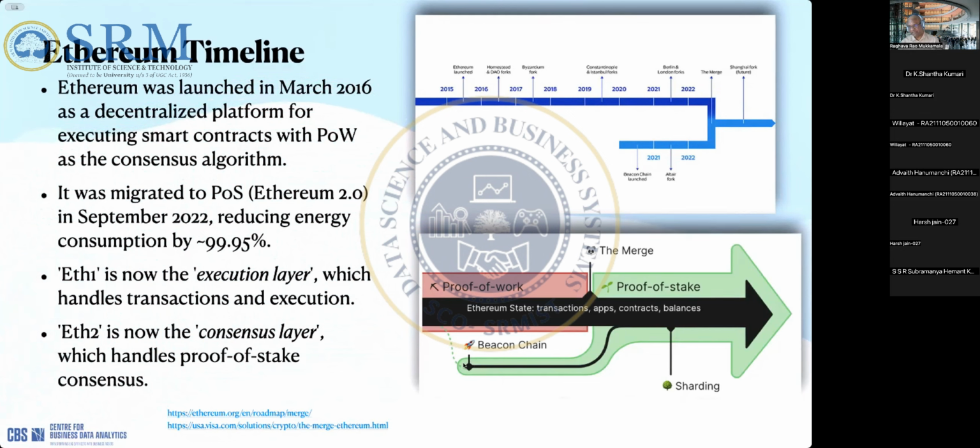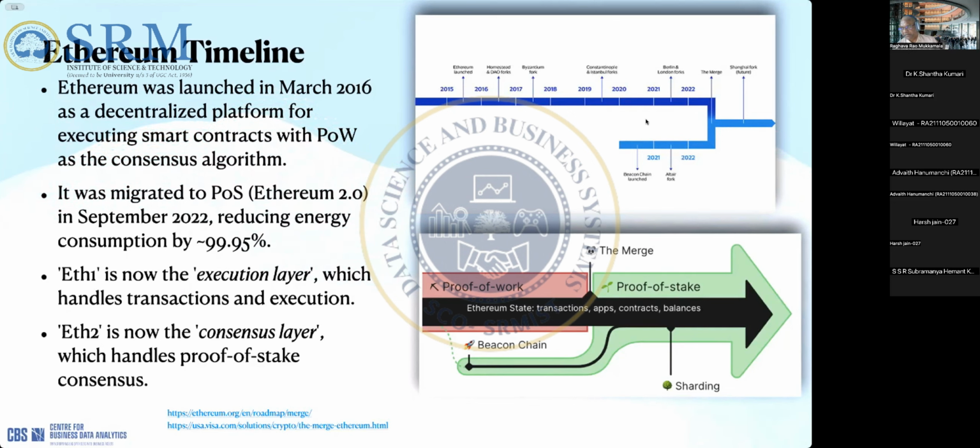So for example, you can see here, before the merger, you can see here is the merger, right? Before the merger, you still have the Ethereum Genesis block and transactions and all other things. We still want to carry that state forward, but on the other hand, they want to move to a proof of stake consensus protocol.